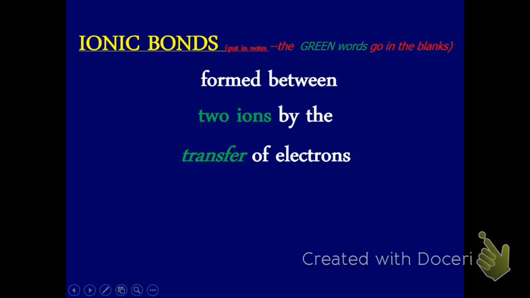So metals are going to transfer 1 electron or more to a nonmetal, and when the nonmetal accepts those extra electrons, then we have an ionic bond forming. So there's actually a movement of electrons between metals and nonmetals.